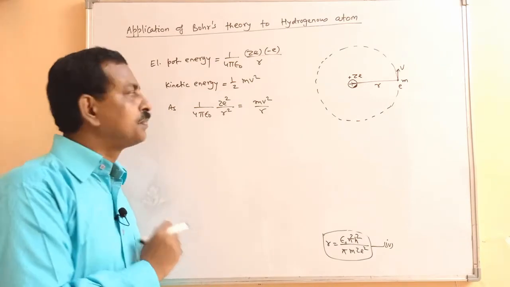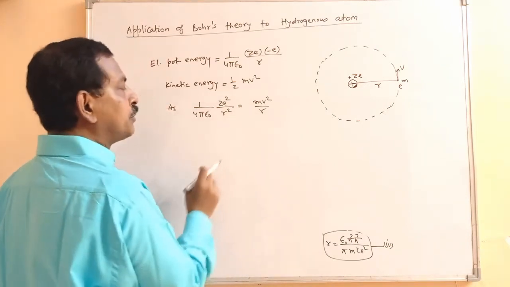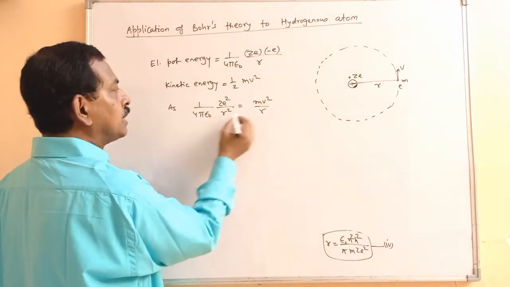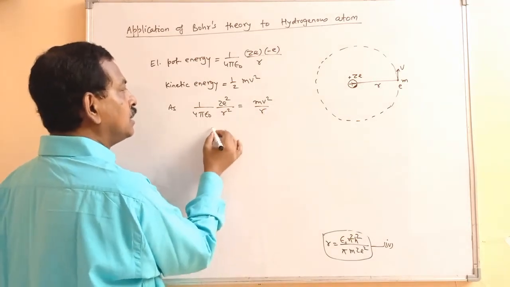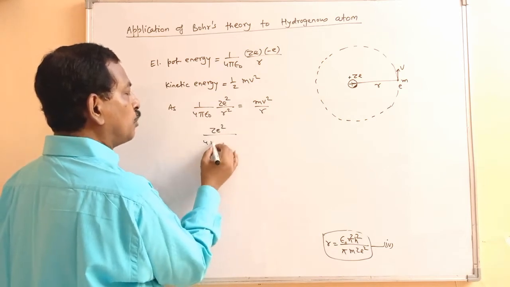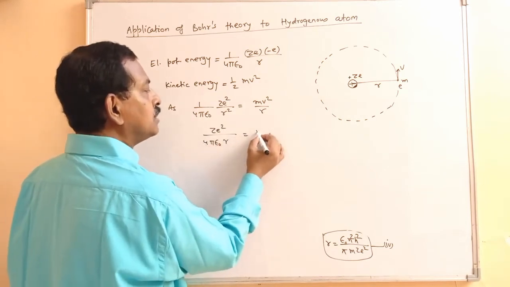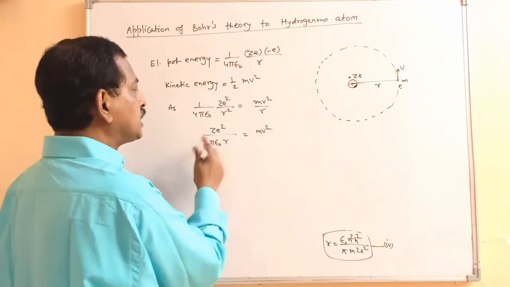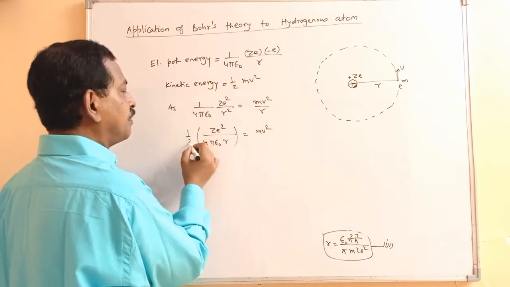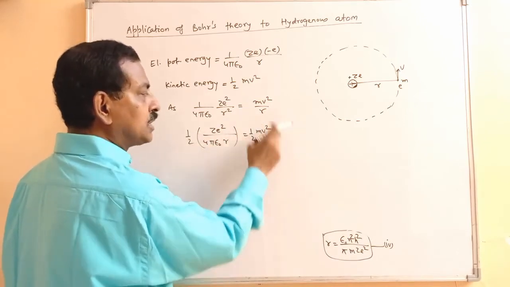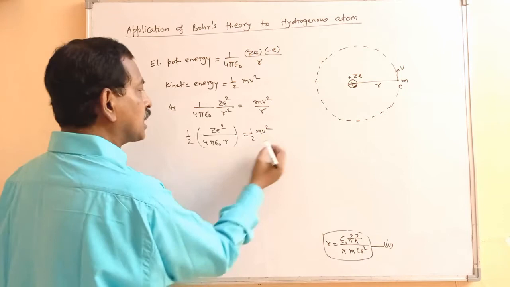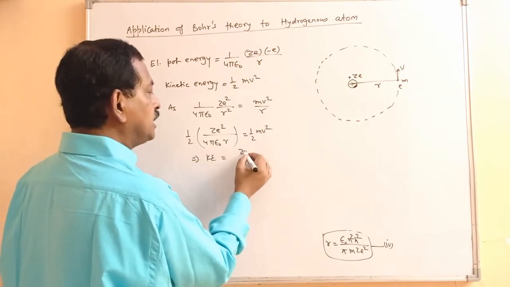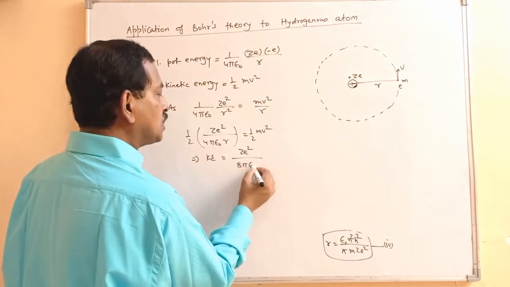This we have done. So from here, this r is getting cancelled, so we have Ze square by 4 pi epsilon naught r equals mv square. Suppose I multiply both sides by half. So now the kinetic energy we can write as Ze square by 8 pi epsilon naught r.